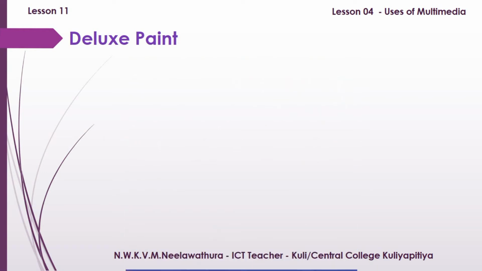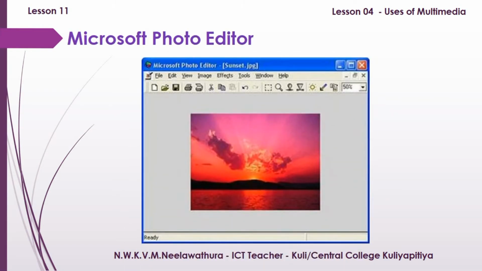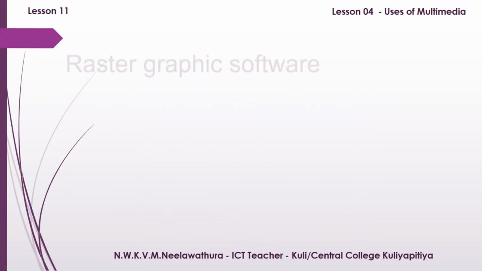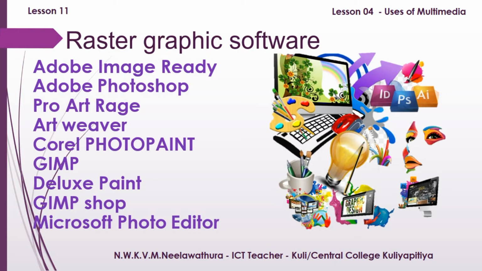Deluxe Paint, GIMP Shop, Microsoft Photo Editor. Okay, now you know what are the examples for raster graphic software. Adobe Image Ready, Adobe Photoshop, Pro Art Rage, Art Weaver, Corel Photo Paint, GIMP, Deluxe Paint, GIMP Shop, Microsoft Photo Editor are some of examples.